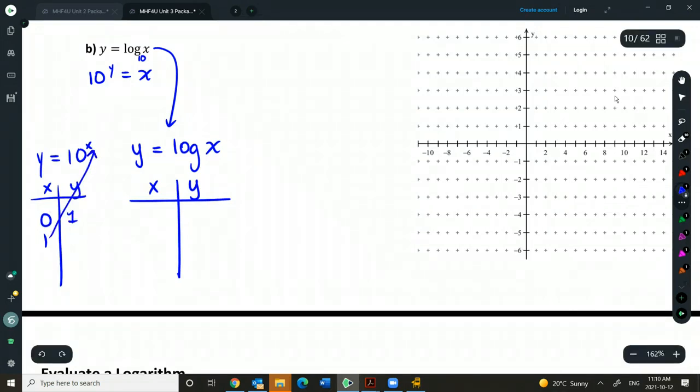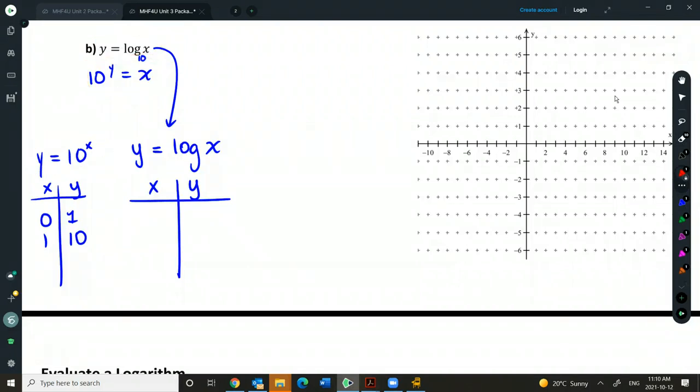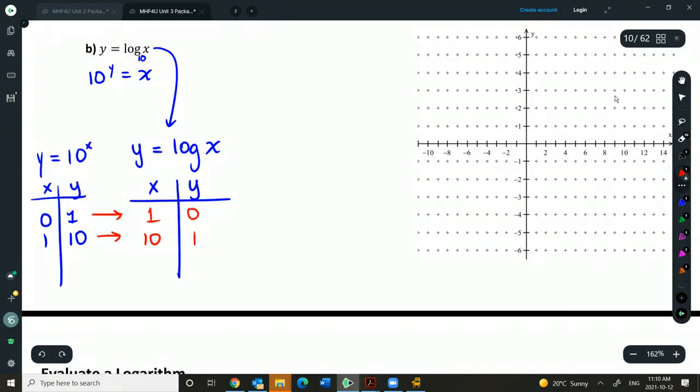I plug in 1, I get 10. I'm not saying that this is the same as this. I'm just saying this is the inverse function of y equals log x. This is just the way we rewrite it in exponential format. So this will help us get the points for the logarithmic function, because I'll just swap them.